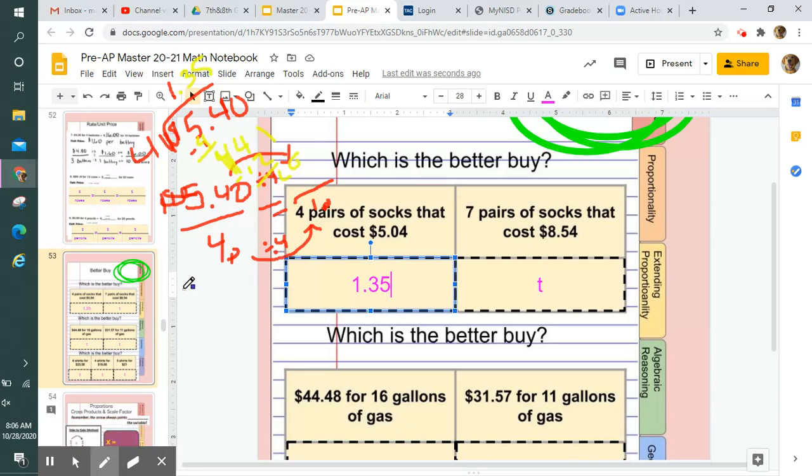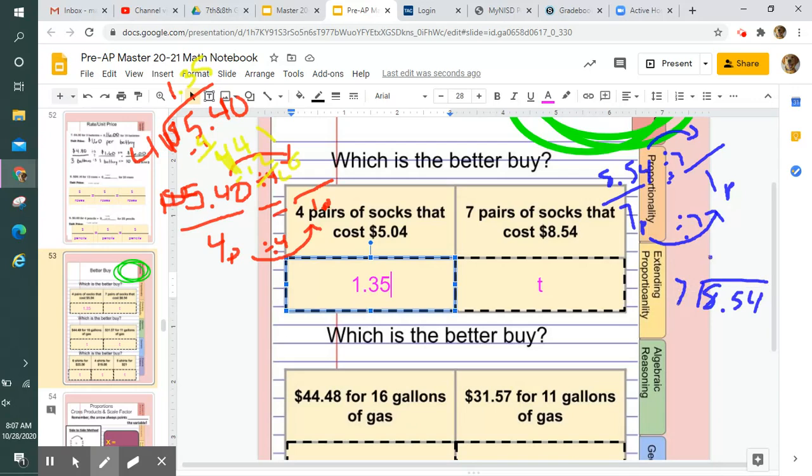Okay, so we know that 7 pairs of socks, I'm going to put 7 pairs on the bottom, is $8.54. We want to know how much it costs for 1 pair. So to get from 7 to 1, we divide by 7. So we have to also divide by 7 up here. Okay, so we're doing $8.54 divided by 7.